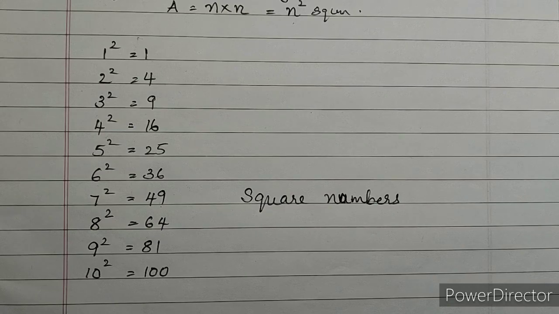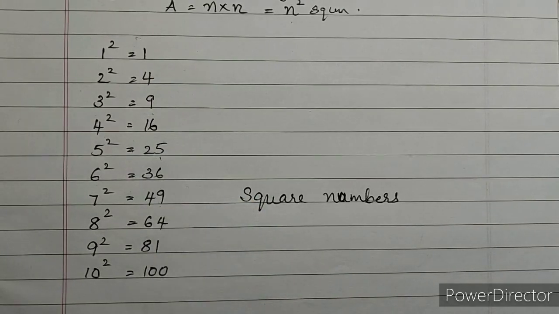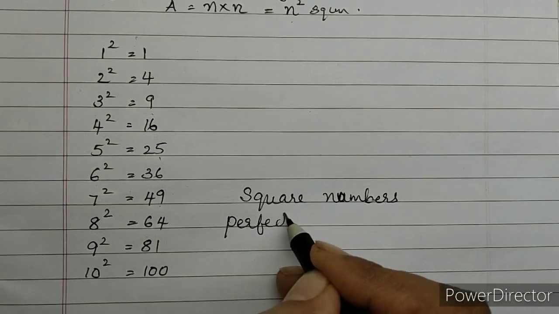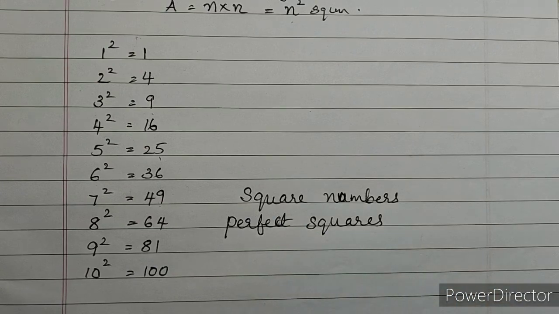There is a special name for these numbers 1, 4, 9, 16, 25. They are also called perfect square numbers, or perfect squares. So what are perfect square numbers? Whenever a number is multiplied by itself, we get a perfect square.